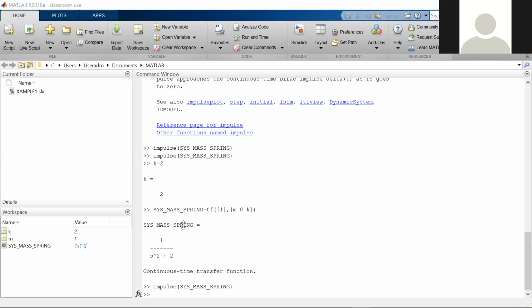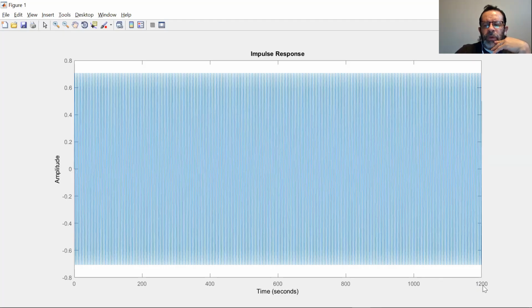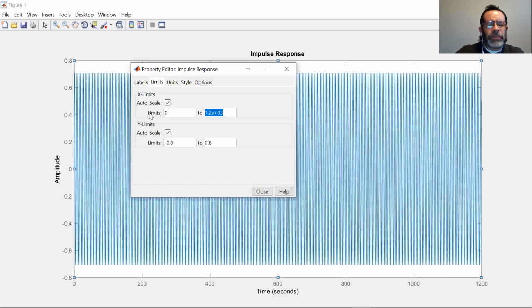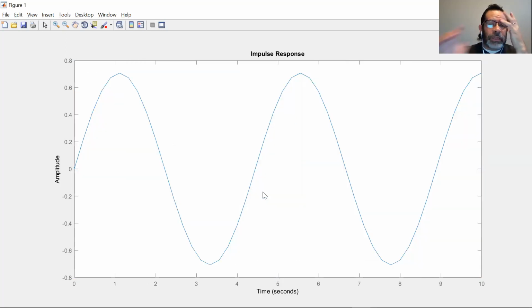I'm going to switch screens. We get this response. I'm going to put the same time I did with the other one. And what do we notice with this one with regards to the previous one? What happened to the period?